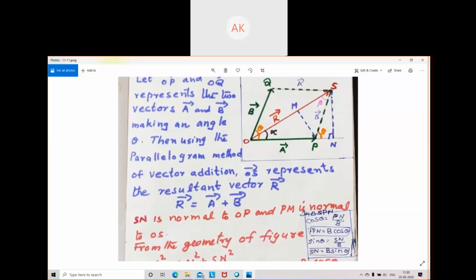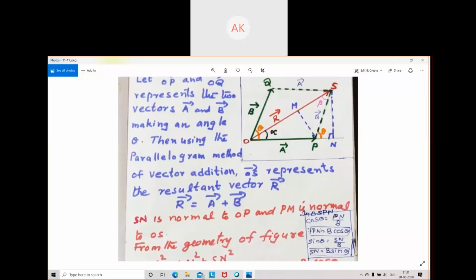The adjacent side is PN, and the hypotenuse is B, in the small triangle SPN. So cos theta equals PN by B. Therefore, PN equals B cos theta. And sin theta equals opposite side by hypotenuse, SN by B. So SN equals B sin theta.